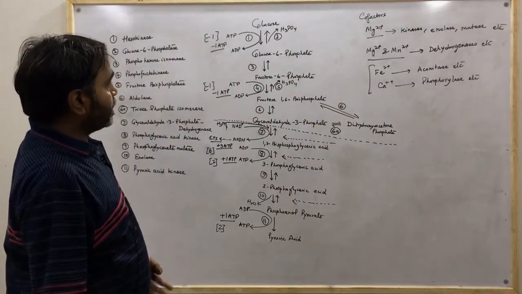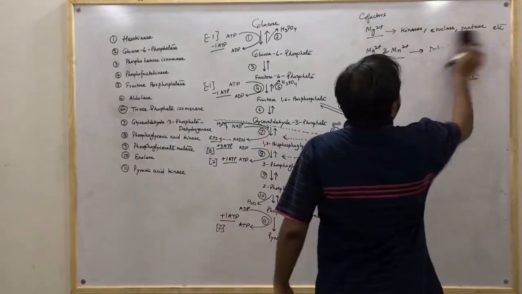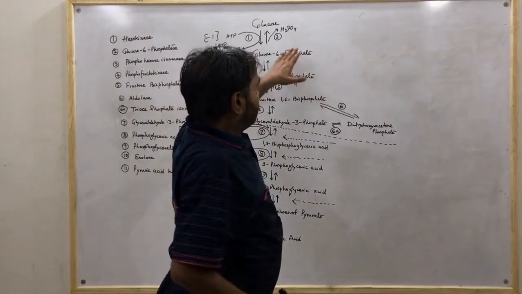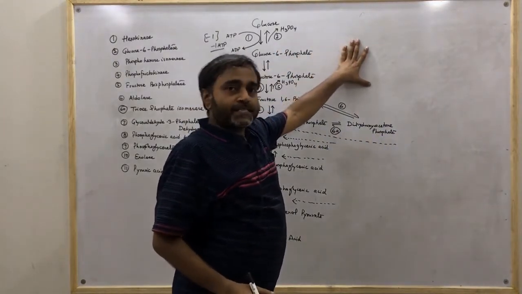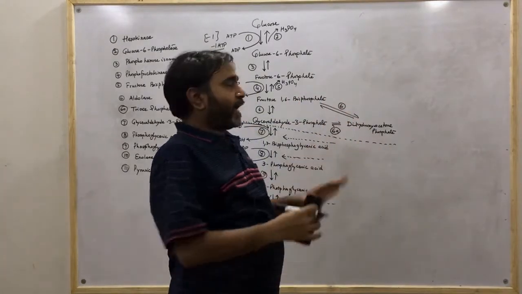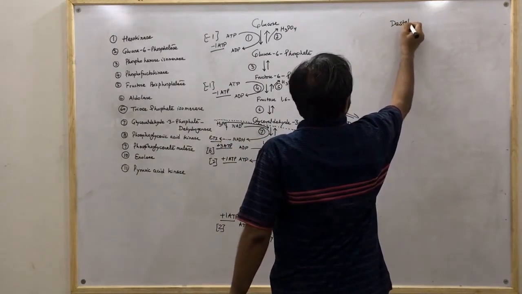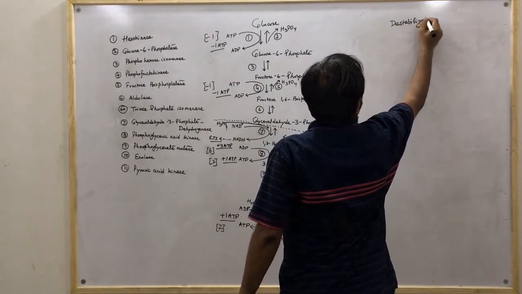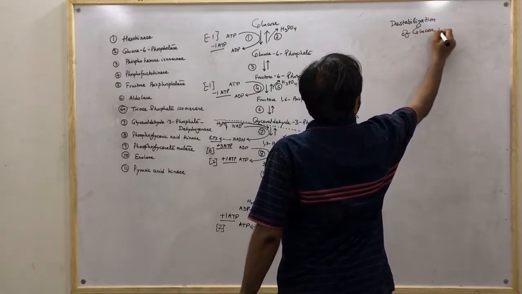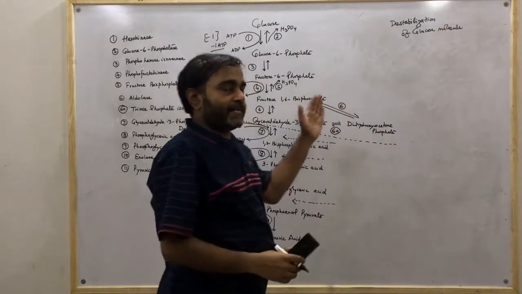And I also think it is essential to tell you that the steps of glycolysis have been classified in three main domains, and these are the destabilization of glucose molecule that I told you previously.